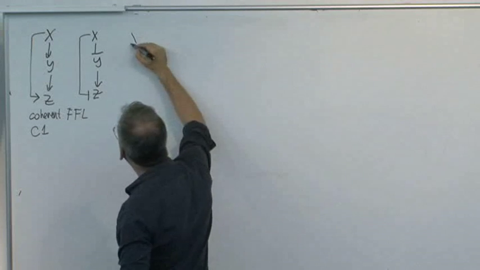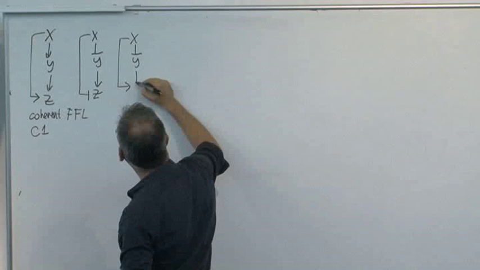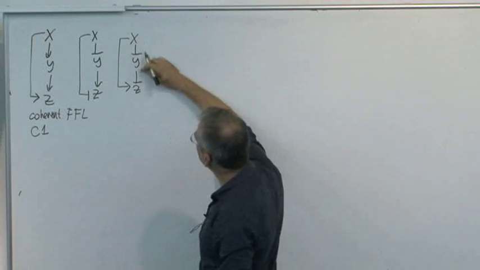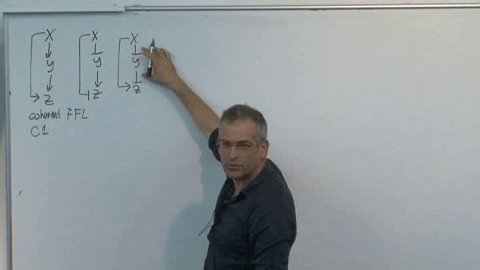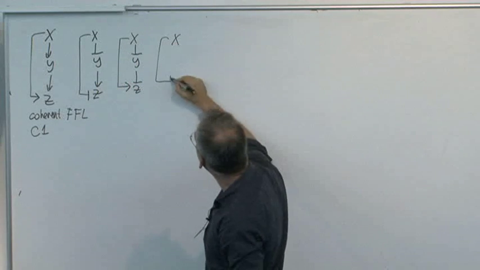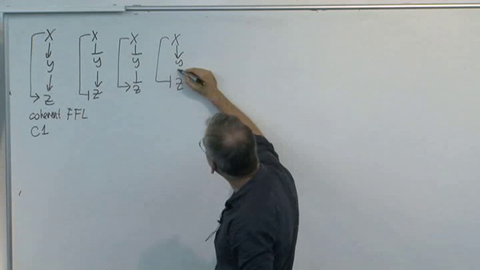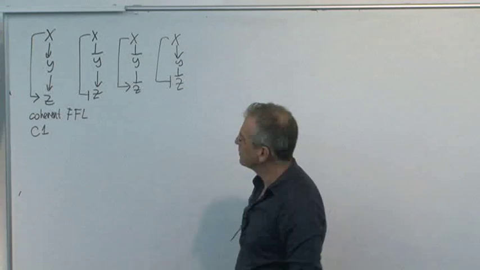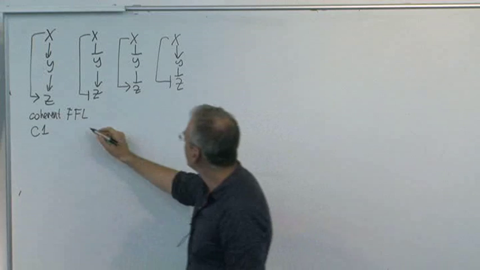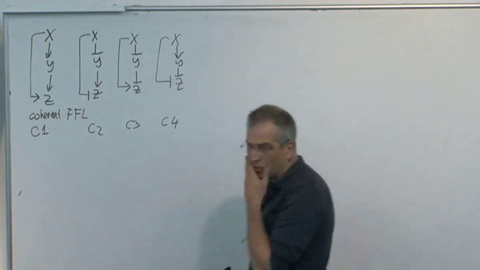You can also activate and repress a repressor, because minus minus is a plus, right? Repressor, repressor, like activating, so it's coherent. You can also repress and activate a repressor. Okay, these are 4 ways, and we call them coherent type 2, coherent type 3, and coherent type 4. These are the 4 coherent feed-forward loops.